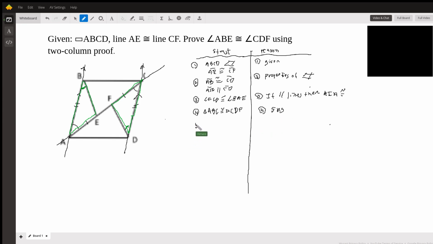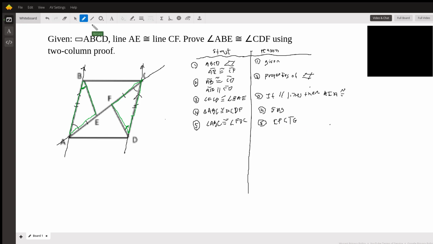And then step 5, the last step, is what we're trying to prove, which is angle ABE congruent to angle CDF, because corresponding parts of congruent triangles are congruent.